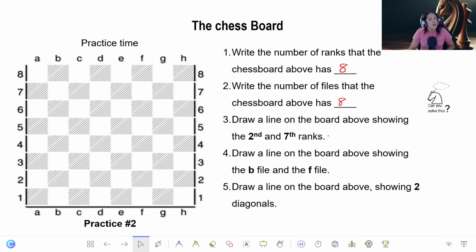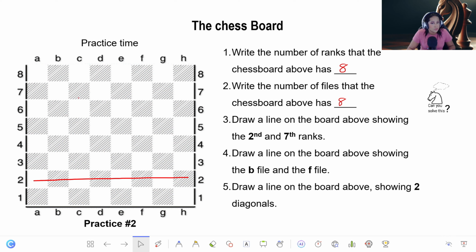Now, exercise number 3. Draw a line on the board showing, well, at the side in this case, the 2nd and 7th ranks. So let's go for the second one, which is this one. Try to go as straight as we can.